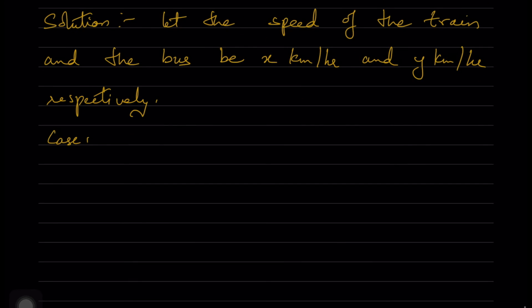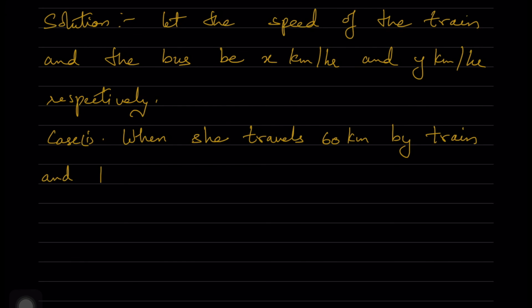So when she travels here, case 1, when she travels 60 kilometers by train and the remaining 300 minus 60, that is 240 kilometers by bus, the time taken is 4 hours.